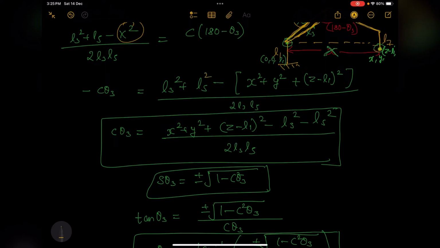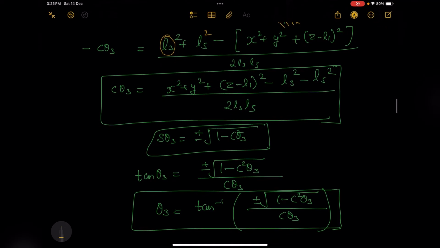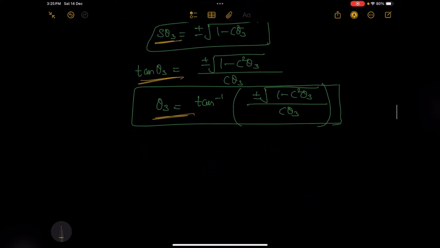Now this L3, if you have an offset, will become L3 dash squared plus L4 squared. If you don't have any offset, it is directly L3 squared. So that depends on whether you have an elbow offset or not. Then you have cos theta 3, you have sin theta 3, and you have tan theta 3, and I can find theta 3 equals this. And why am I always using tan of theta 3?